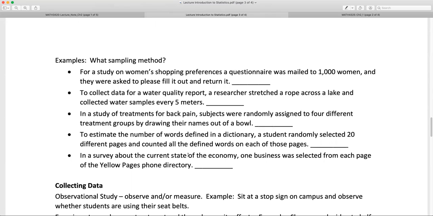So for example, one sampling method for a study on women's shopping preferences: a questionnaire was mailed to 1,000 women, and they were asked to please fill it out and return it. That must be random, right?